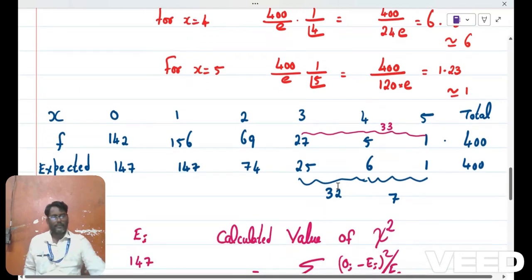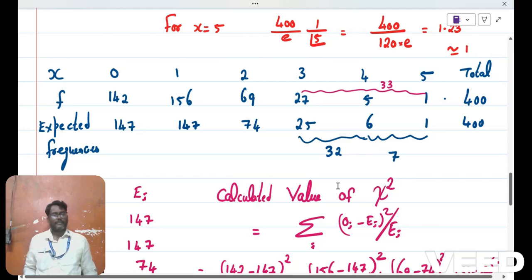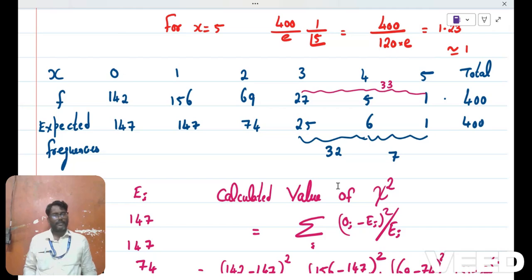Now the required Poisson distribution, for x equal to 0, 1, 2, 3, 4, 5, and the given frequencies are 142, 156, 69, 27, 5, 1, whereas the calculated ones, that is your expected frequencies fitting with the Poisson distribution, are 147, 147, 74, 25, 6 and 1, and both the totals are 400, so it is tallied.